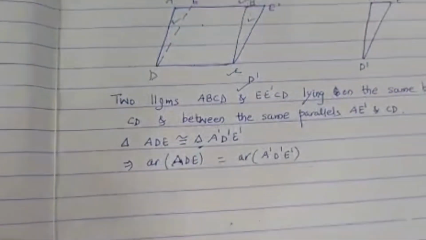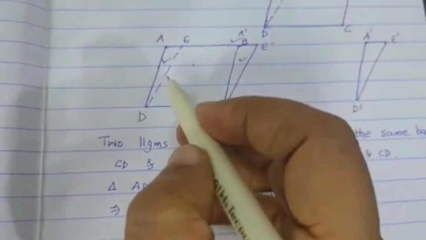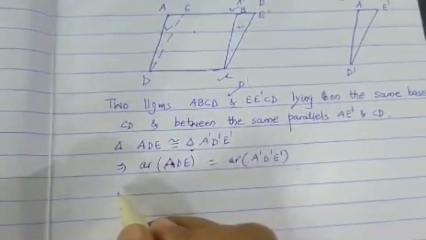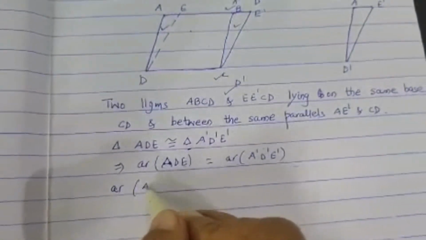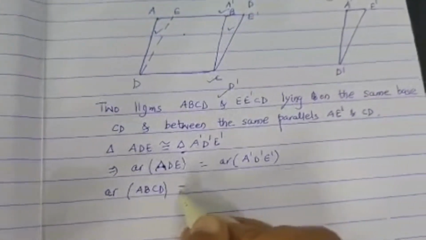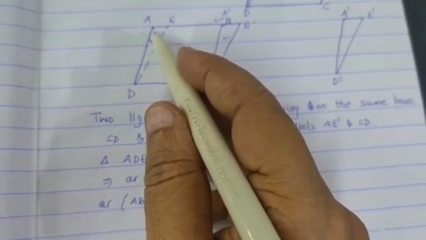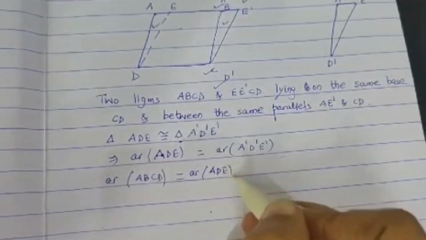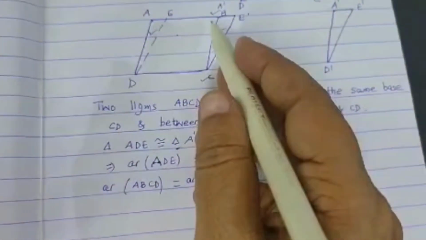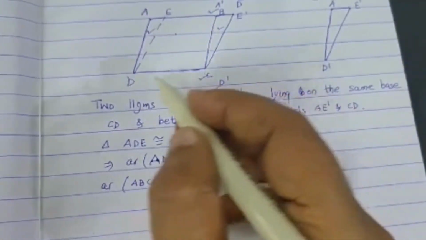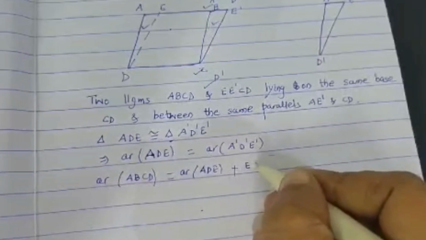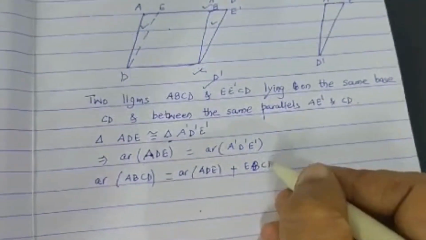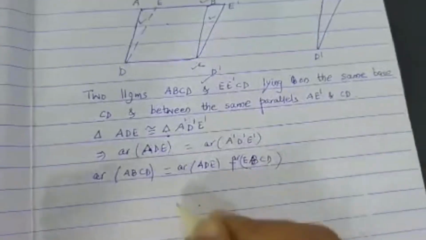We can say this. Now let's come to this figure. Area ABCD, we can write as area ADE plus area EBCD.